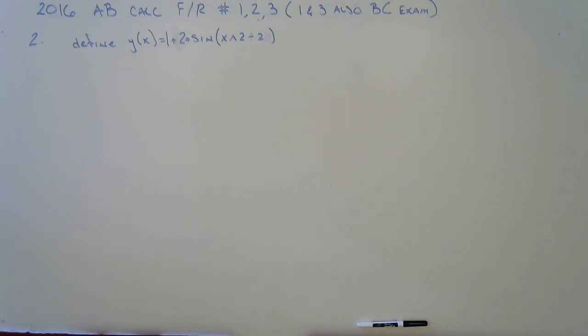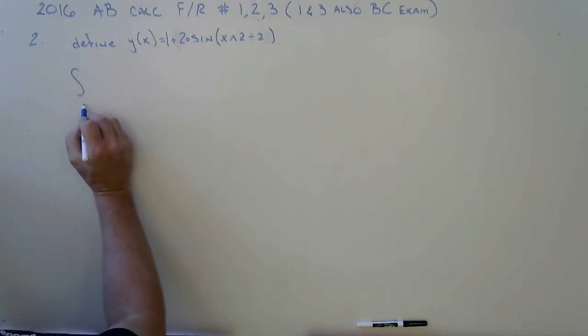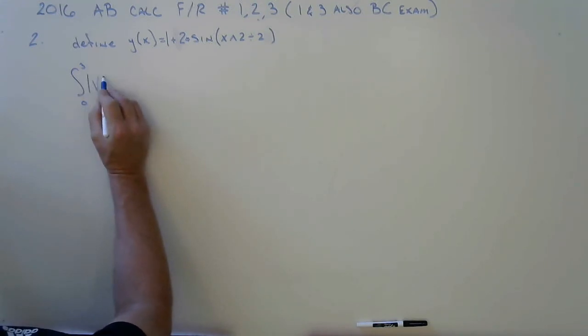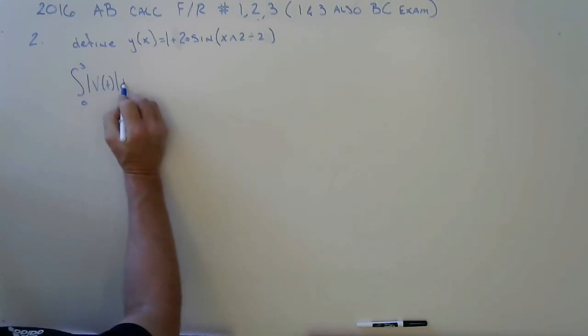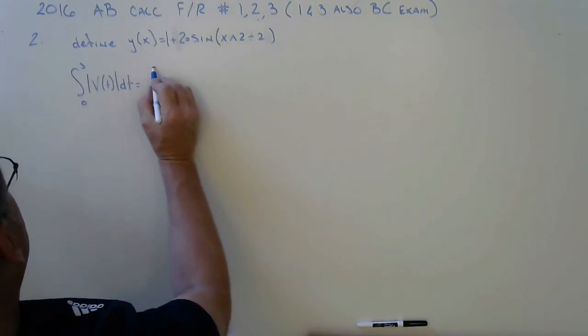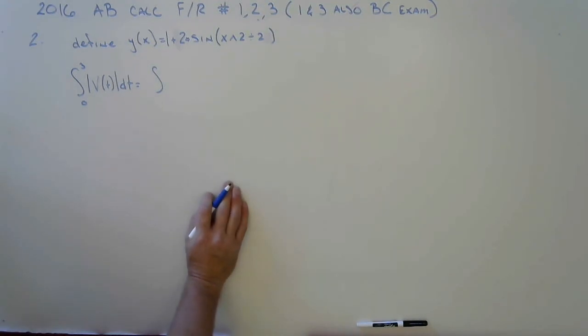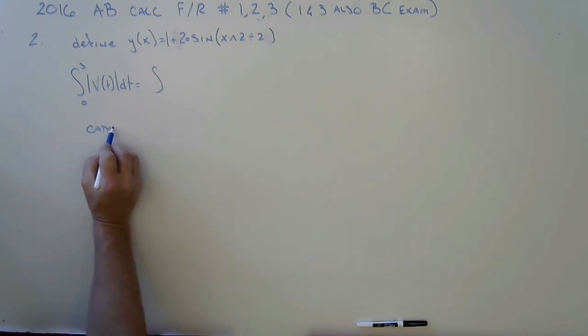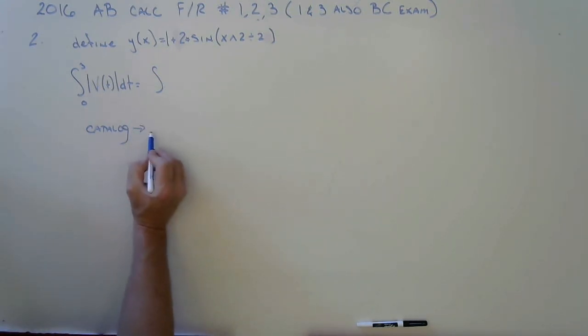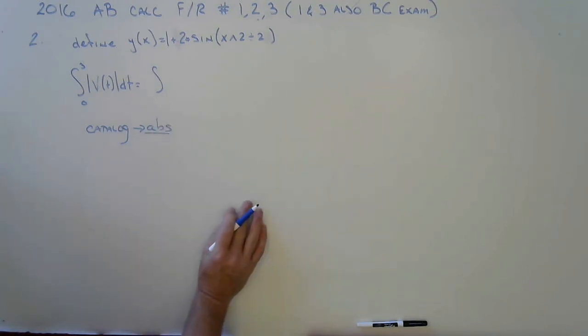Now, how would I do the integral from 0 to 3? I would need it to be the absolute value of y of t dt. In my calculator, I would choose my integral command, F3 integral. Then you have to hit catalog, because there's no absolute value key. The very first thing that comes up is ABS, absolute value.